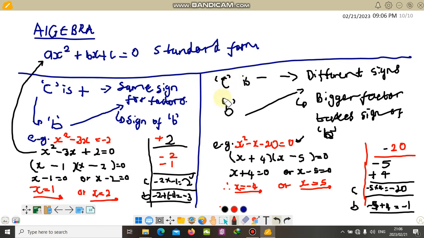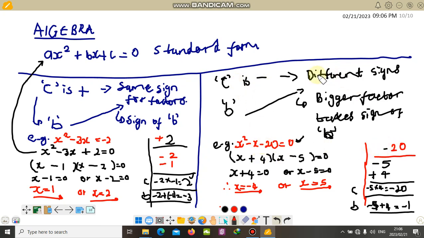Let's look at it again. C is 20 and B is 1. So I'm looking for two numbers that when I multiply them, they give me 20, but when I add or subtract them, they give me 1. The factors are 5 and 4. 4 times 5 is 20, 5 minus 4 is 1. Then I have the factors. Now I look at the signs. The sign of C is negative.